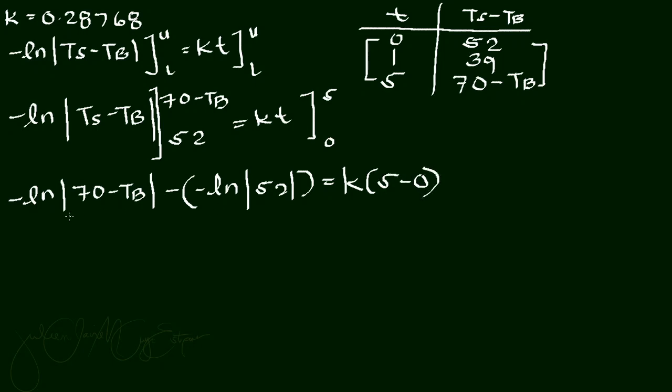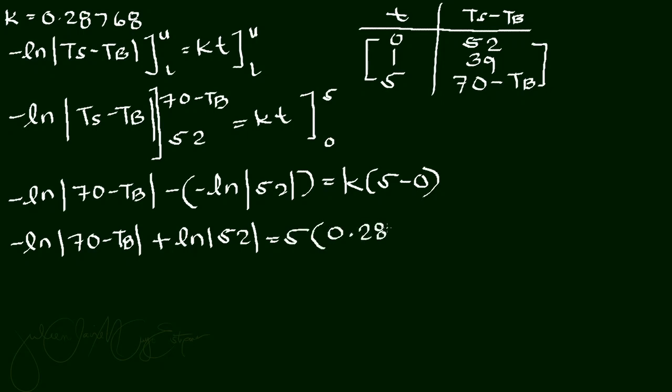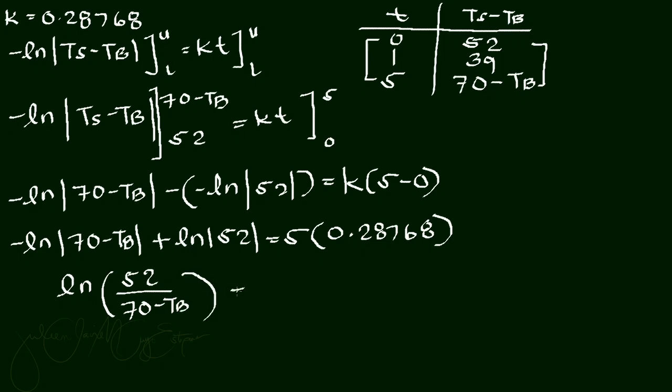Okay, so if we're going to simplify this, that will become Ln of 70 minus Tb plus Ln of the absolute value of 52, that is equals to 5 times K, where K there is equal to 0.28768 already. Okay, so let us rewrite that one, that is Ln of 52 over 70 minus Tb, since this is negative, so that is equal to 0.28768 times 5.